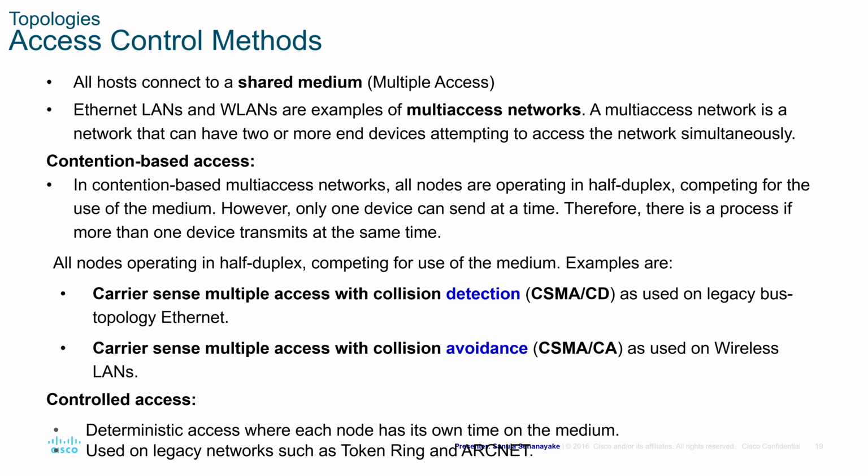The examples could be CSMA/CD and CSMA/CA. Those are carrier sense multiple access with collision detection, which is used on legacy bus topology Ethernet, and the other one is carrier sense multiple access with collision avoidance, which is used on wireless LANs.